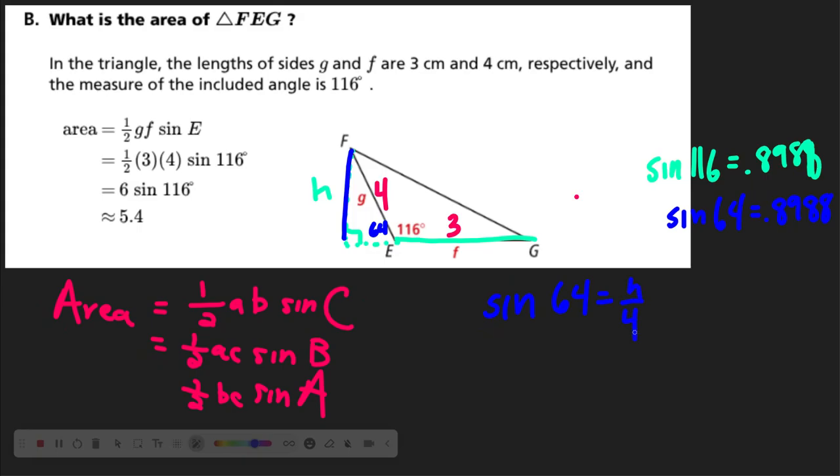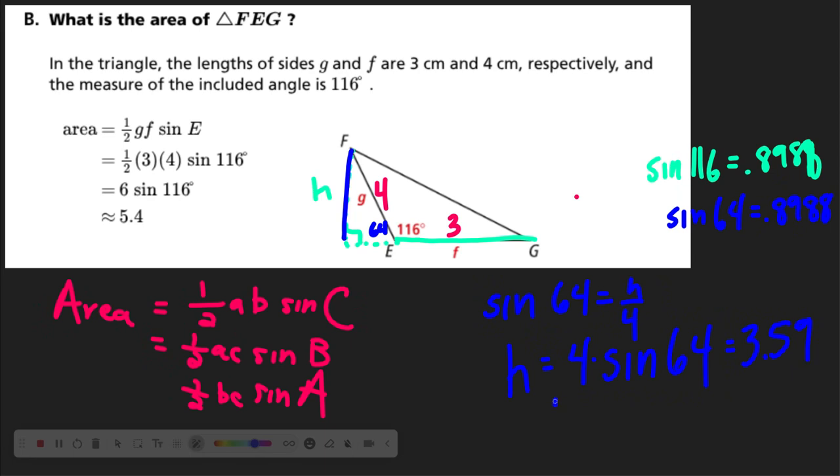So what's H? It's 4 times the sine of 64, right? And what is that? 3.595. Okay, now look, what was H? It's 4 times the sine of 64.